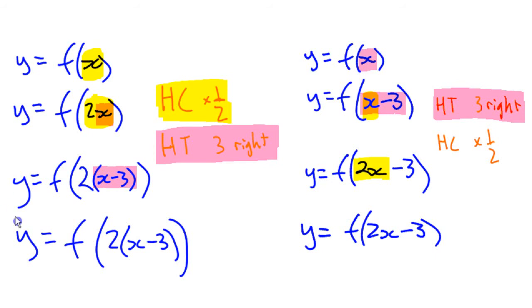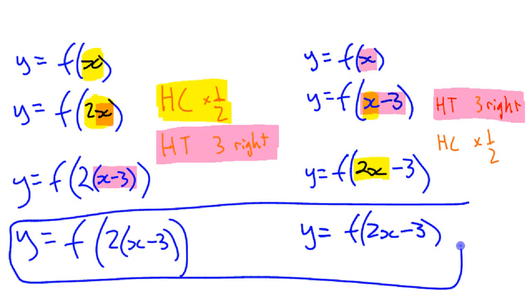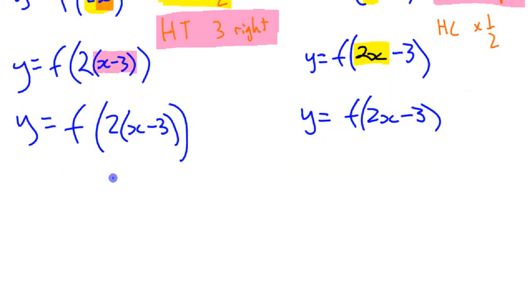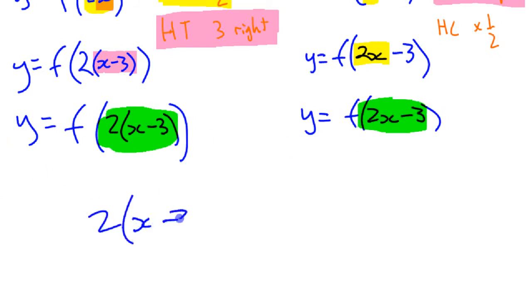Now, if you look carefully, these are different, right? Probably when you learned how to work with polynomials and expanding, you'd notice that this expression here is different than that, right? Writing 2(x - 3) is different than writing 2x - 3.